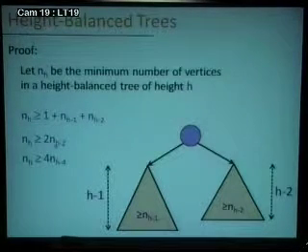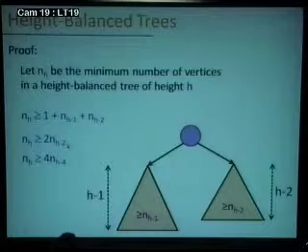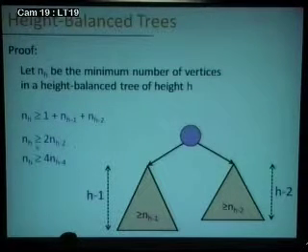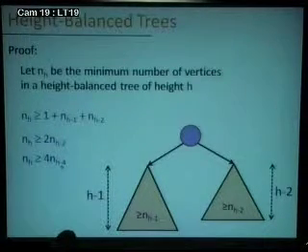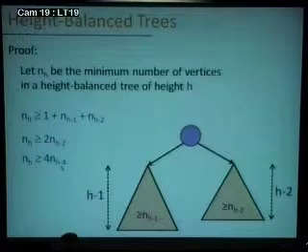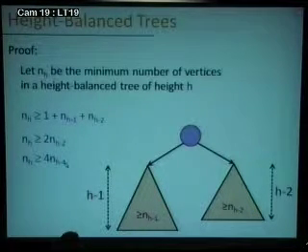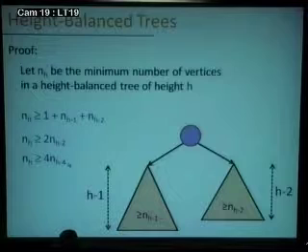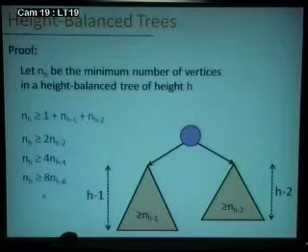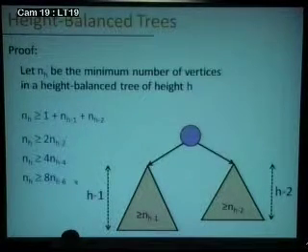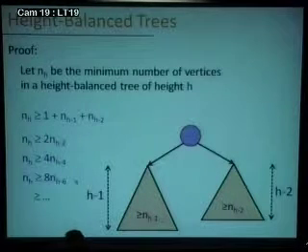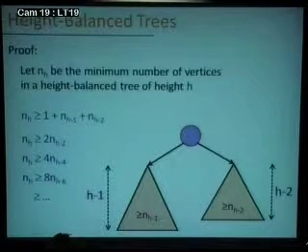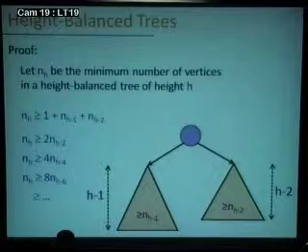This n h minus 2 is 2 times n h minus 4. 2 times 2 n h minus 4 is 4 n h minus 4. And then n h minus 4 equals 2 times n h minus 6, becomes 8 times n h minus 6. And so on and so on until sooner or later n h minus something will be the base case.